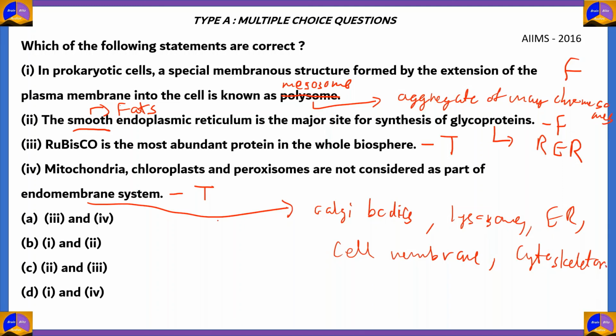But they do not contain mitochondria, chloroplasts, or peroxisomes. So statements 3 and 4 are true, which means that option A is the right option because it states statement 3 and 4 are correct. All the other options are incorrect because they have included statements which are not correct.